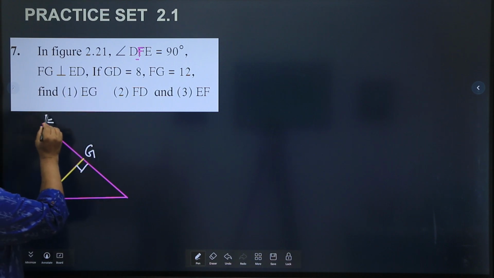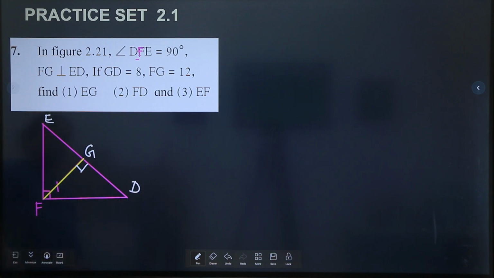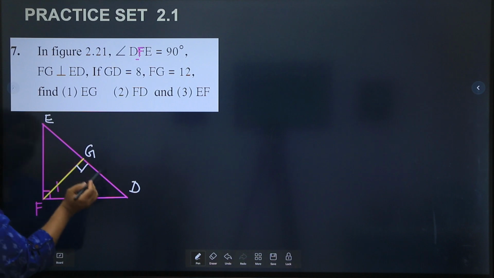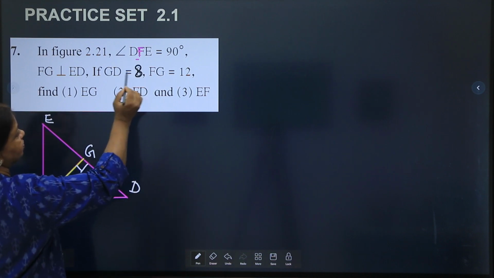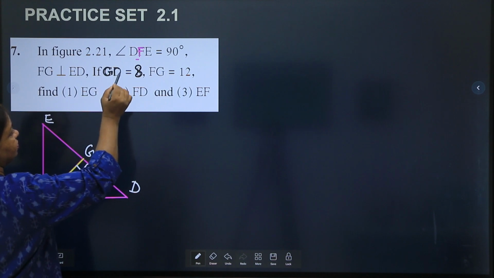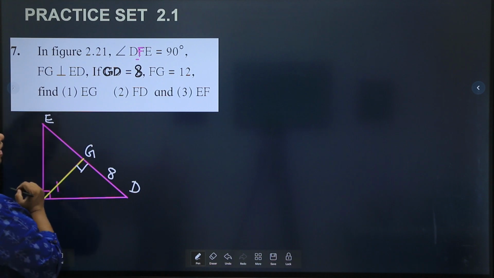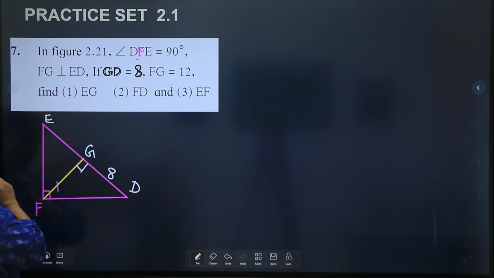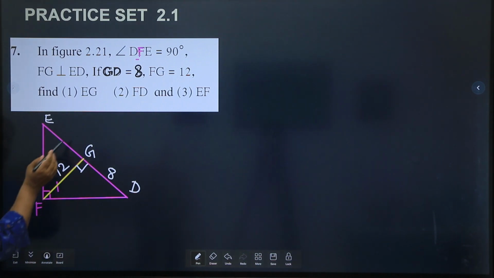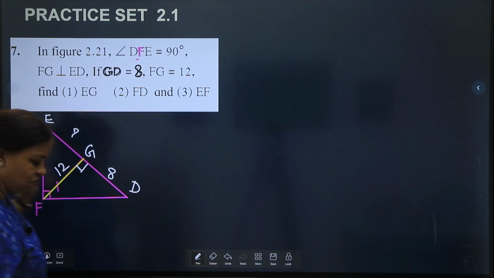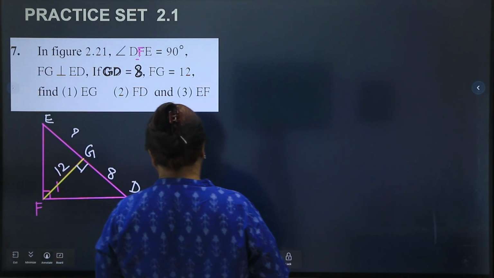This is E and this is D. Given, if GD is 8, and FG is 12, find EG. It is very simple, children. Now only we have done the question. Angle F is 90 degree.